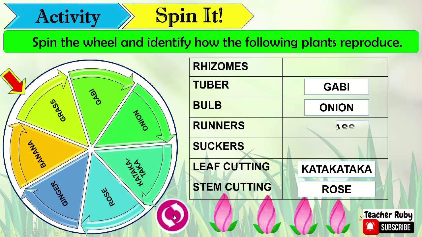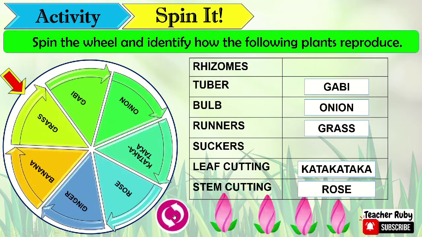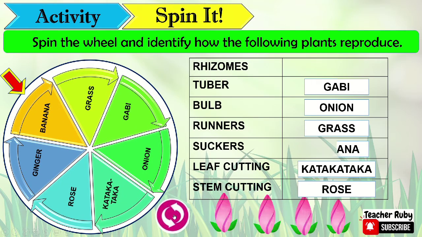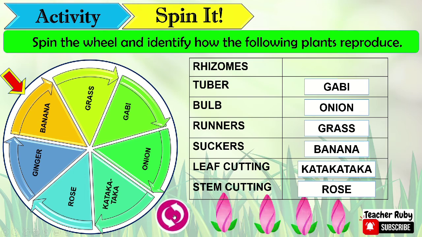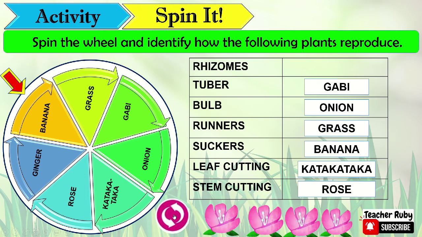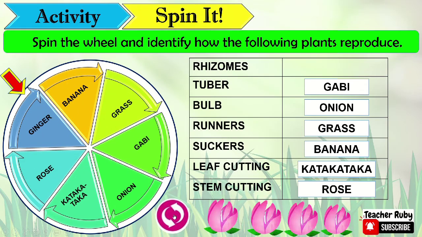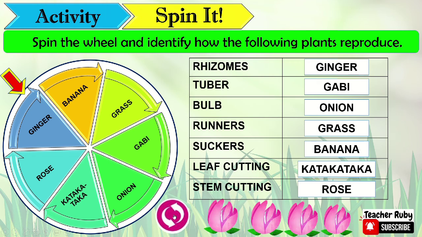Grass. Under runners. Banana. How does banana reproduce? Through shoots, okay, or suckers. Banana is an example of suckers. And the last one is ginger. Ginger is an example of rhizomes. Very good.